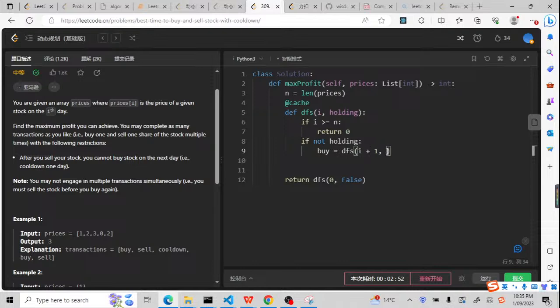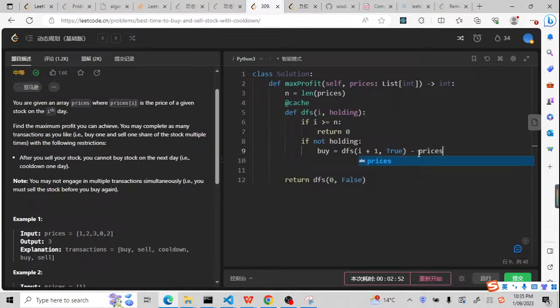If I buy a stock, it means I'm going to hold it, so I will have a true, because from the beginning, this holding here is false. If I buy this stock, it means I can hold it in my hand, so this will be true. Yeah, because I've already bought the stock. And then I need to pay some money for the stock.